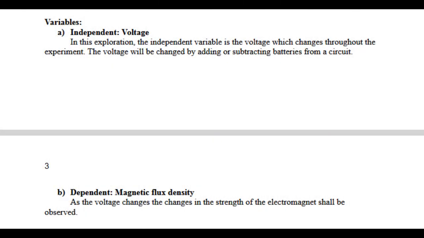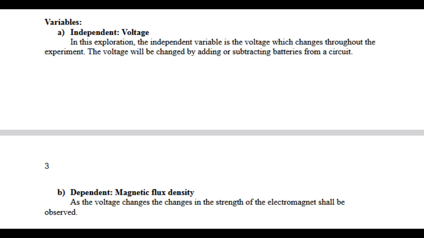Moving on, we have the variables section, and in this section, you must indicate and categorize all of your variables into three distinct groups. The first is the independent variable, or the variable that you are changing and adjusting throughout your experiment. In the example of this IA, the independent variable is the voltage that is being applied on the electromagnet.